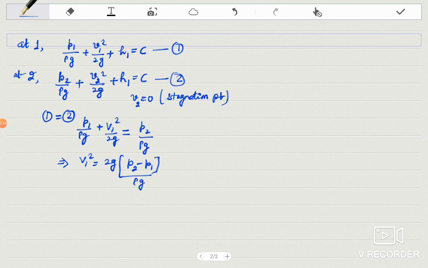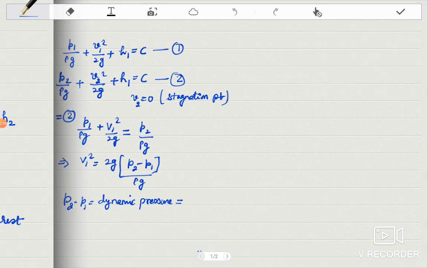Now what is this P2 minus P1? This is the difference of the two pressures, and this is known as the dynamic pressure. P2 minus P1 is equal to the dynamic pressure, and it is measured in terms of the height, the rise in the level of fluid.